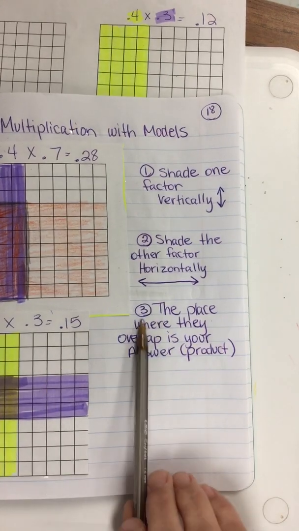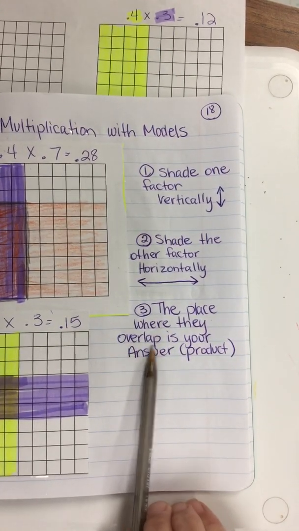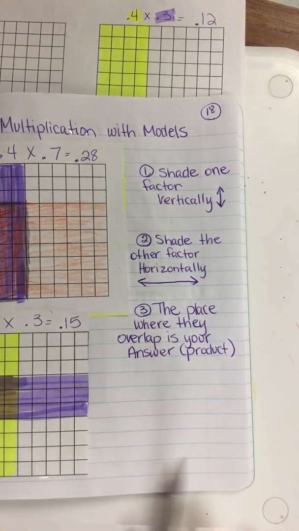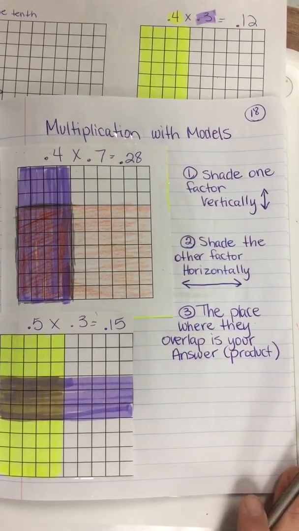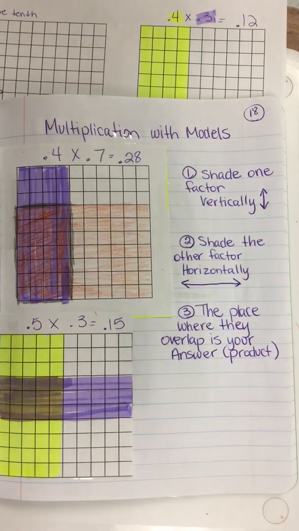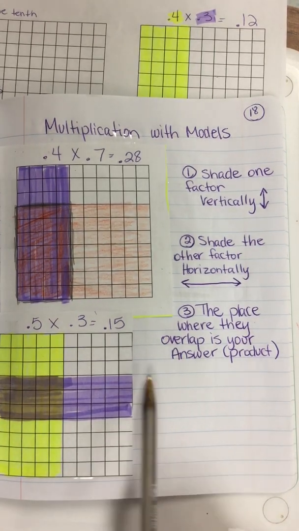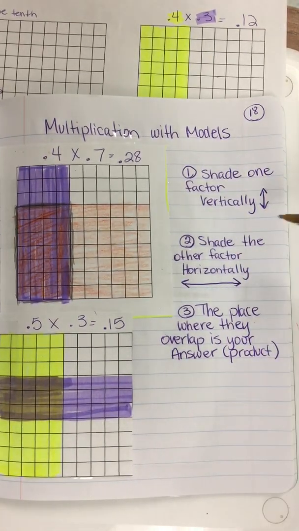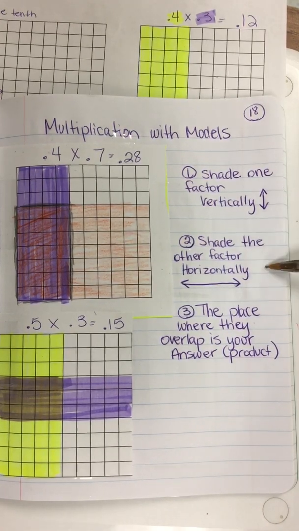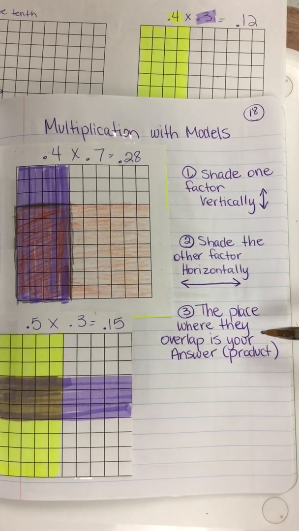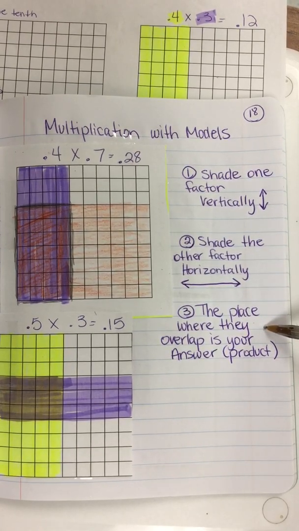And 3, that the place where they overlap is your answer, which is the product. Okay? If you have a way to make this in your journal, perfect. If not, try to draw it the best you can. But you need to have this part. Shade one factor vertically, shade the other factor horizontally, and then the place where they overlap is your answer.